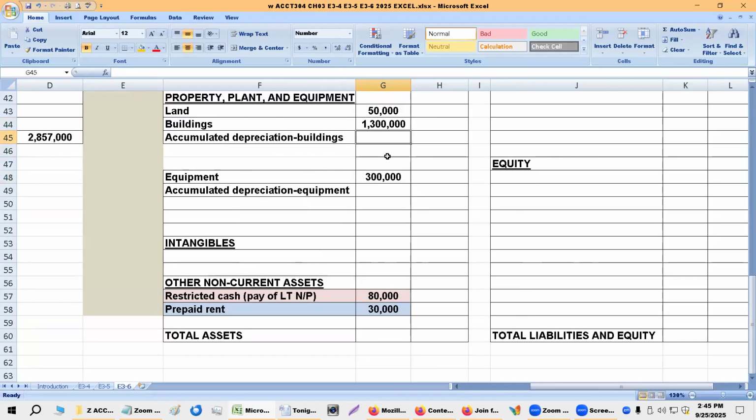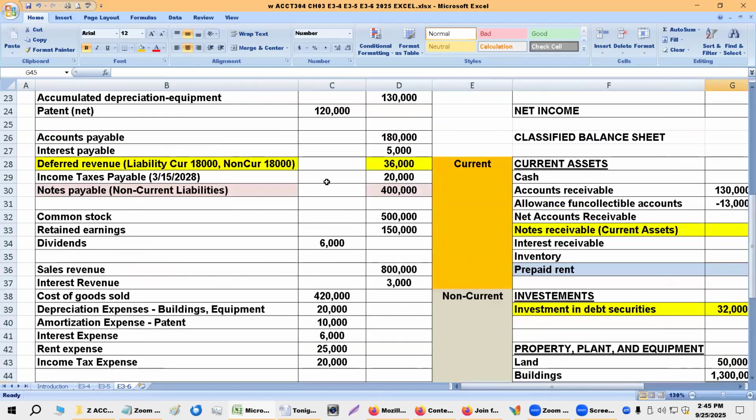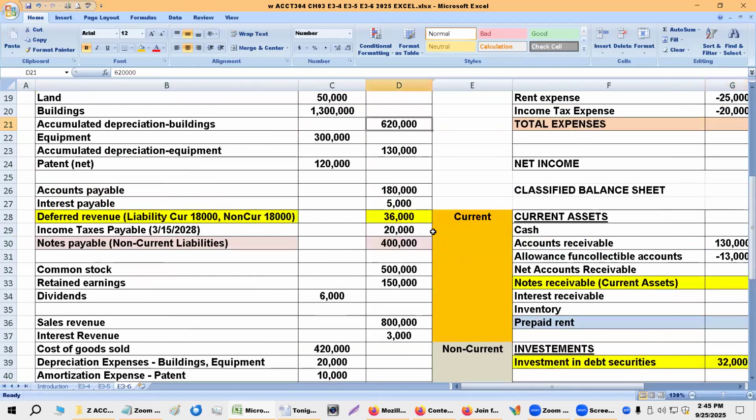Okay, so our accumulated depreciation for the buildings was 620 and 130 were the depreciations.